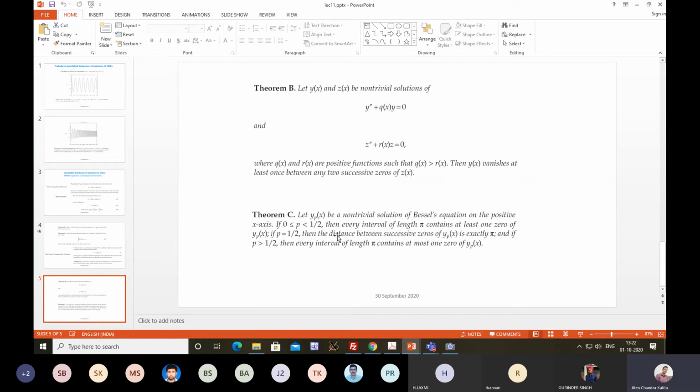If p equals half, then the distance between successive zeros of y_p(x) is exactly pi. And if p is greater than half, then every interval of length pi contains at most one zero of y_p(x).